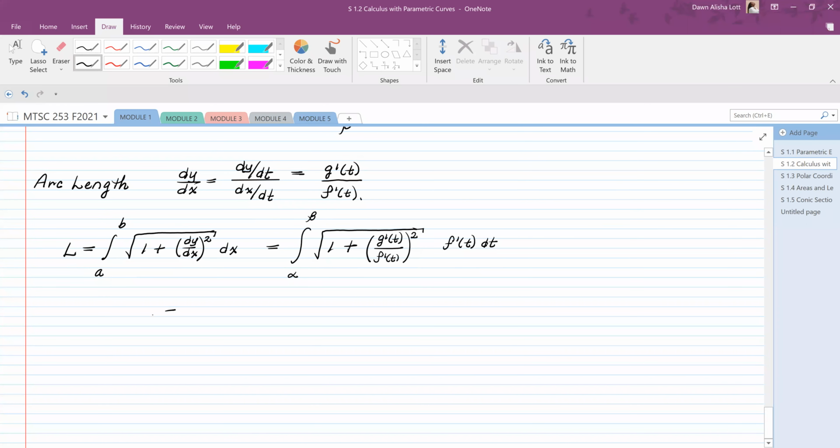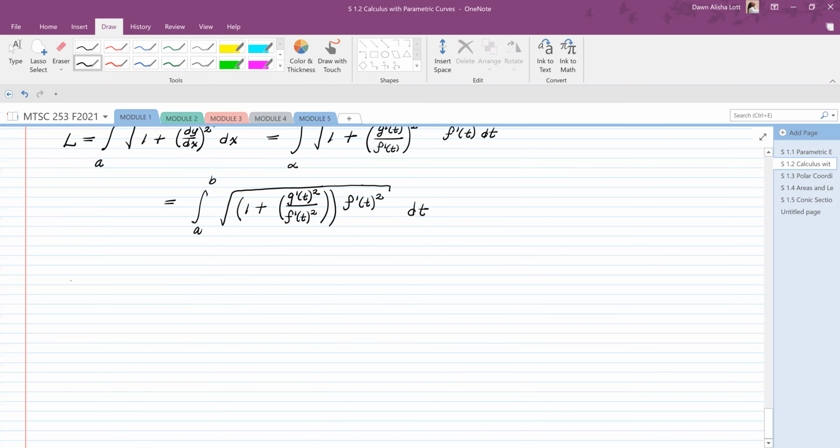So now when I put f prime of t inside the square root, I get g prime of t squared over f prime of t squared, and that whole thing multiplies by f prime of t squared. So when it goes inside the square root, it goes inside squared.